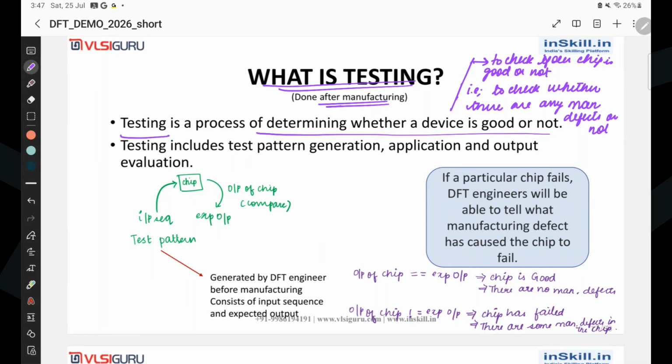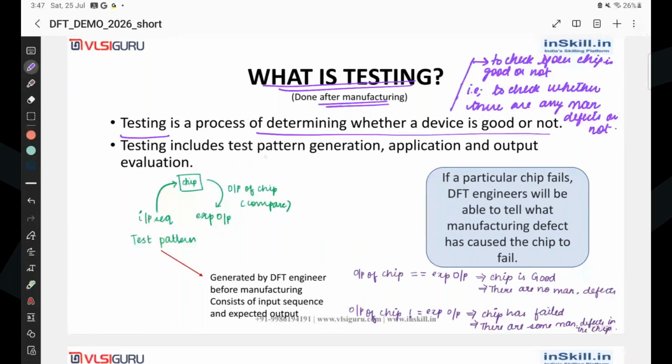So testing is a process of determining whether a device is good or not. That is to check if our chip is good or not, to check whether there are any manufacturing defects or not. So testing is actually done after manufacturing.